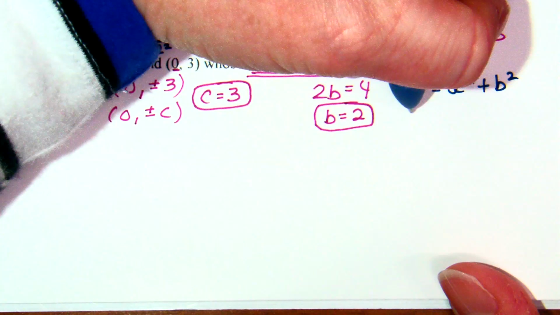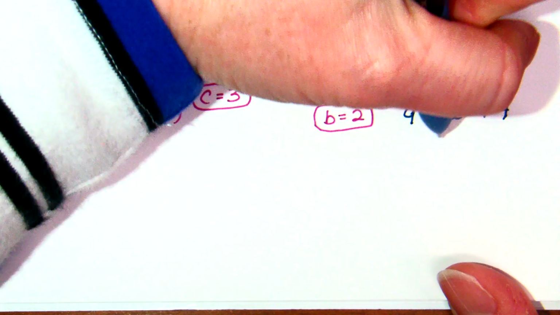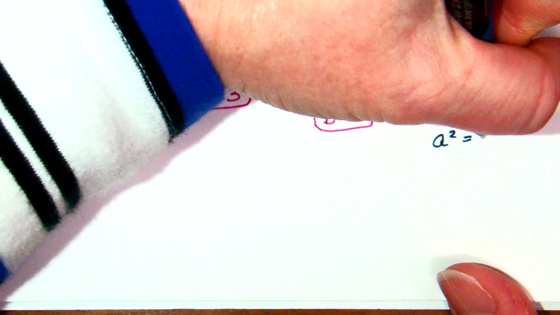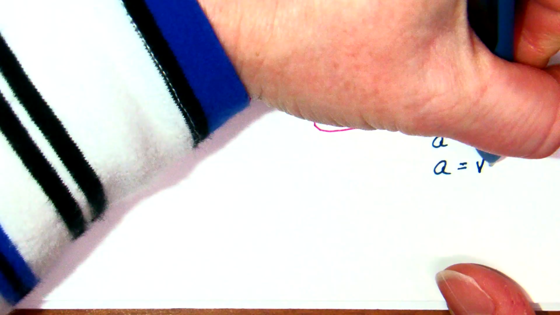Let's see, 3 squared, so 9 equals A squared plus B squared, which is 4. That means A squared is going to be 9 minus 4, or 5. And if A squared is 5, then A is the square root of 5.